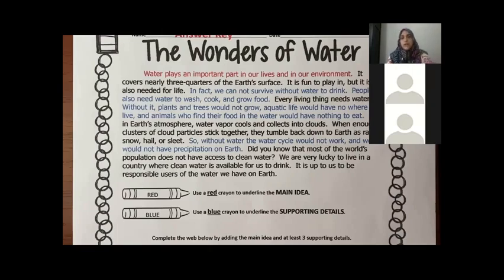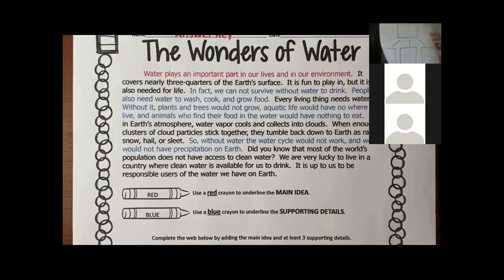So I have this answer sheet for you, and you see it told us to use a red crayon to underline the main idea. So that first line, the topic sentence, was our main idea. Then we have three key details, and we take these three key details and put them in this chart.